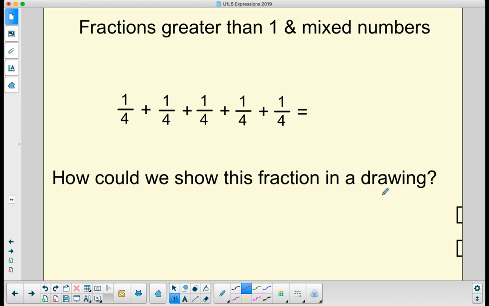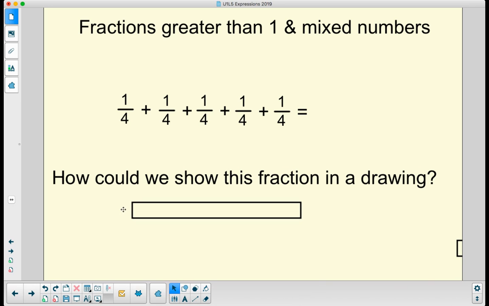how could we show this fraction in a drawing? So we have 1/4 plus 1/4 plus 1/4 plus 1/4 plus 1/4. So in a drawing, I would draw my fraction bar and I would partition it into fourths.